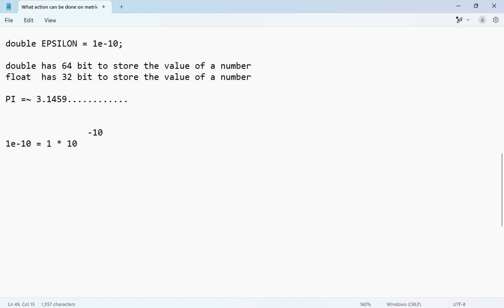So here we have 10. If we try to understand what that is, it is 0.0000000001. Do you understand it now?